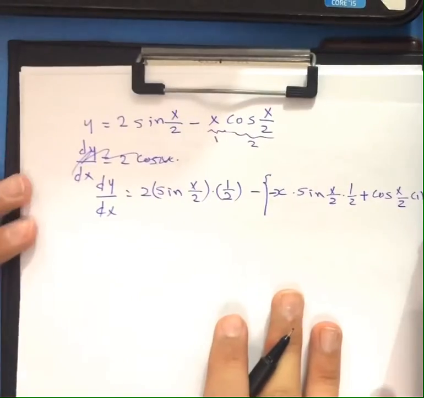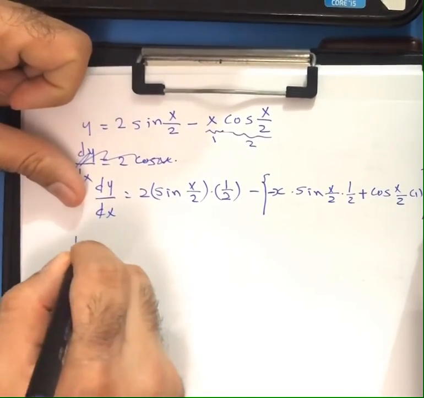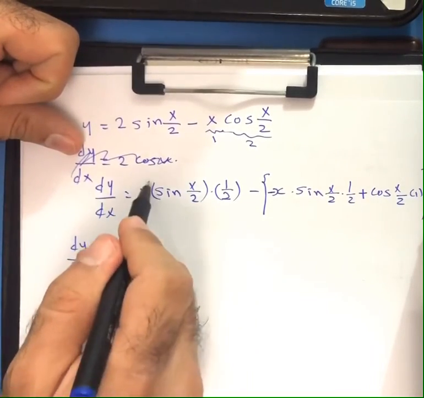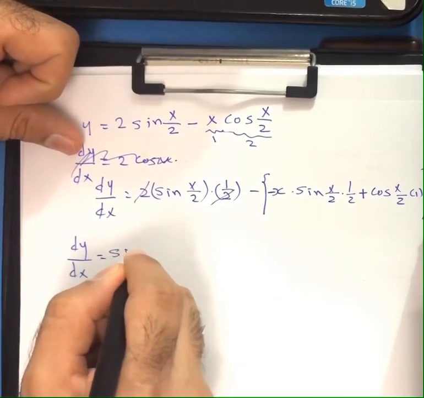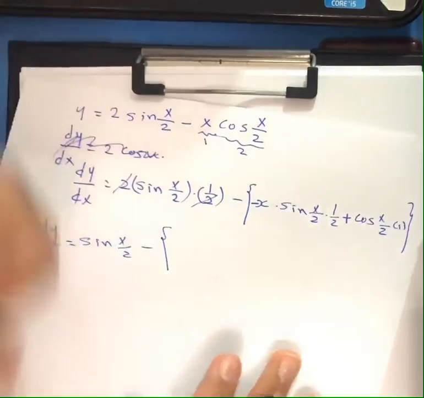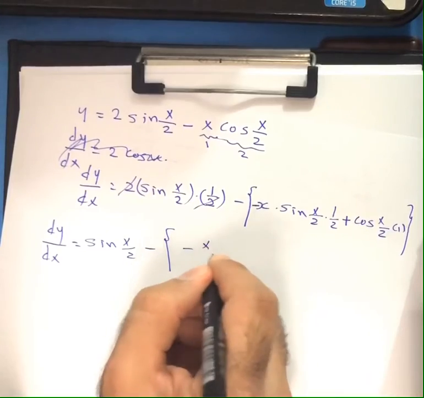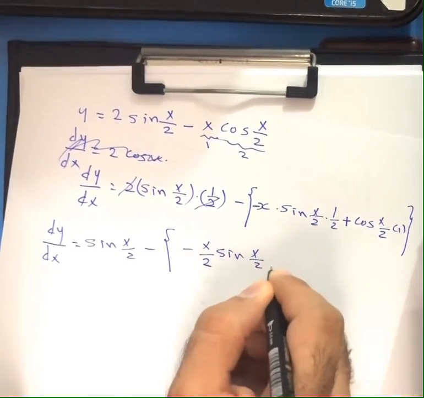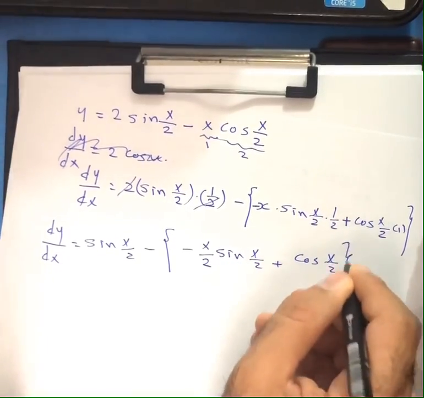Now all we have to do is a small simplification: dy by dx equals, this 2 can be cancelled with this, and this way I have sine x over 2 minus x over 2 sine x over 2 plus cosine x over 2.